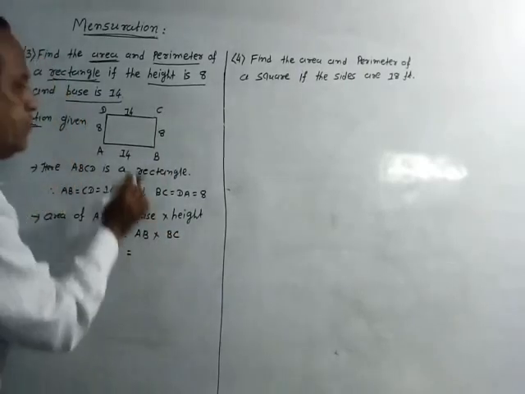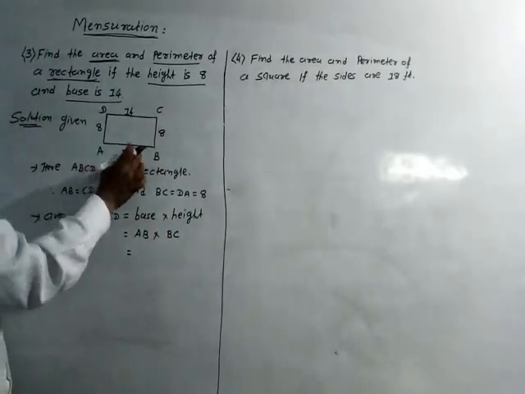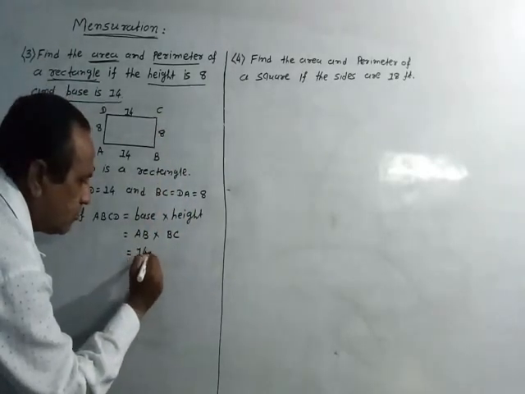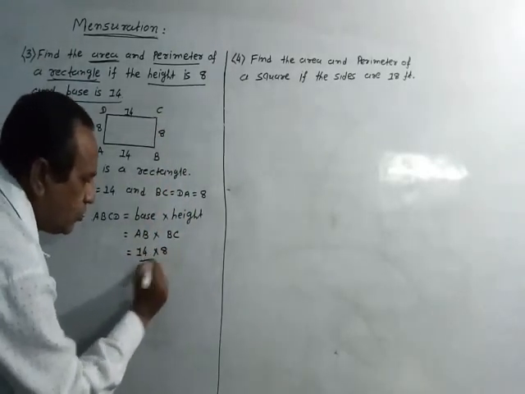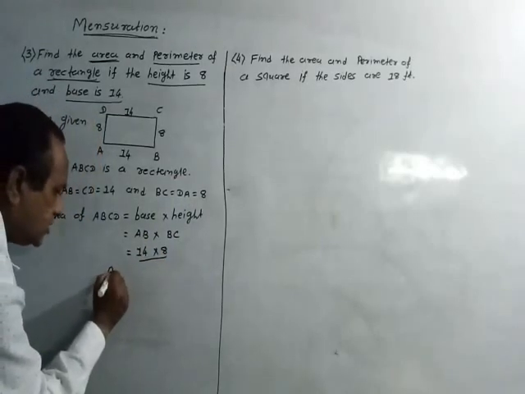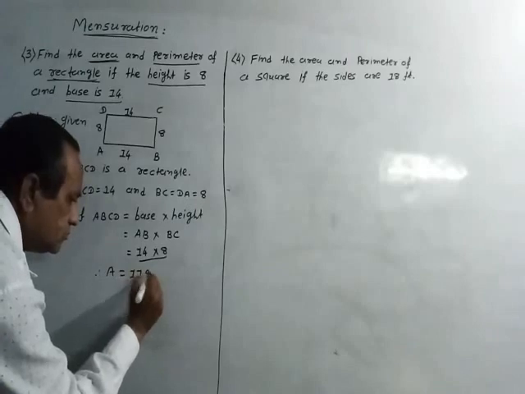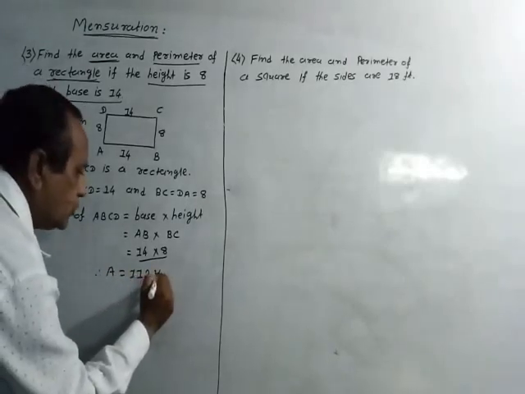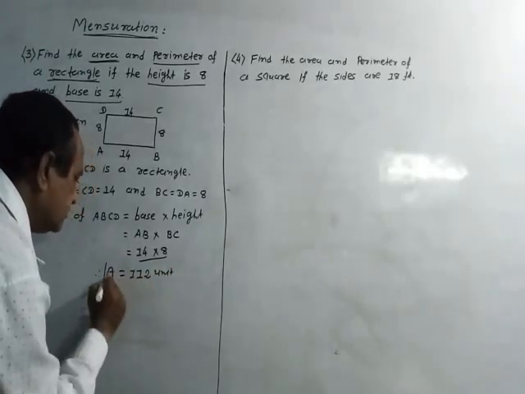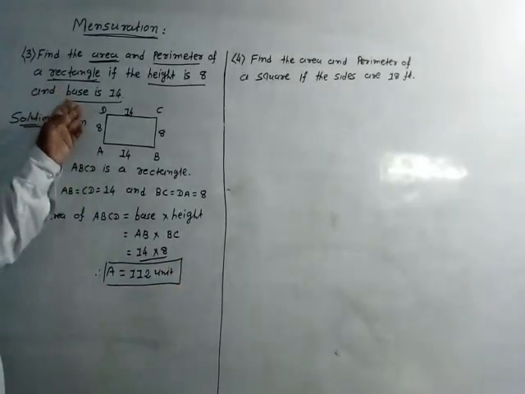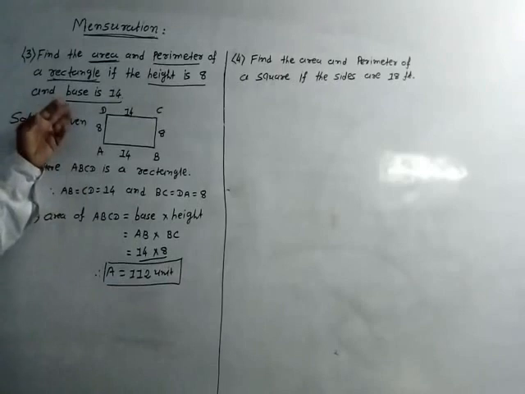Now the value of AB is 14, value of BC is 8. So 14 multiplied by 8, that is your area: 112 unit square, whether centimeter, meter, feet square, or inch square.